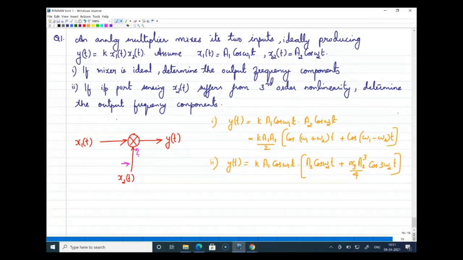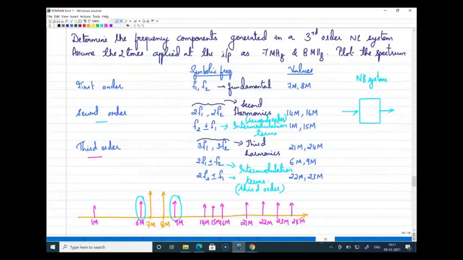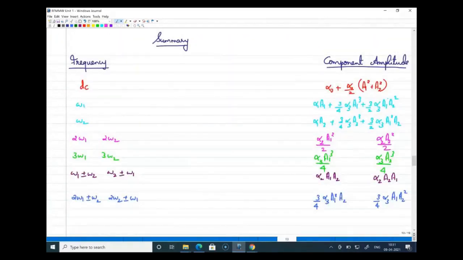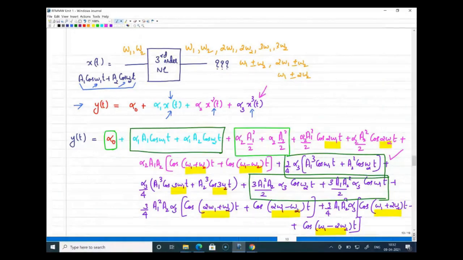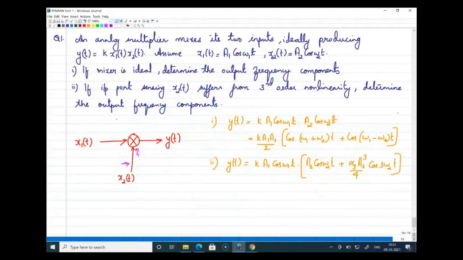I don't know, still others may have confusion. Yeah, I have something to clarify. Yes, Kashish. Sir, when you've taken the previous example, the input signal was the summation of two signals, right? A1 cos omega 1t and A2 cos omega 2t. So when we put x of t as the summation of two, we got this term, the one that you've written here. But now only port 2, that is x2 of t, is getting a third order nonlinearity.